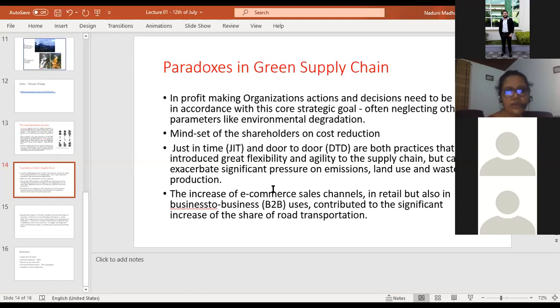So when it comes to the supply chain, just in time and door to door are extremely important practices in order to deliver a very good value to the customers.